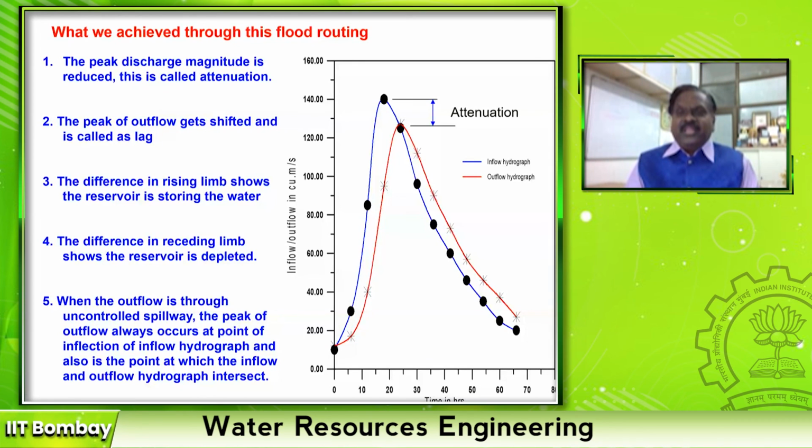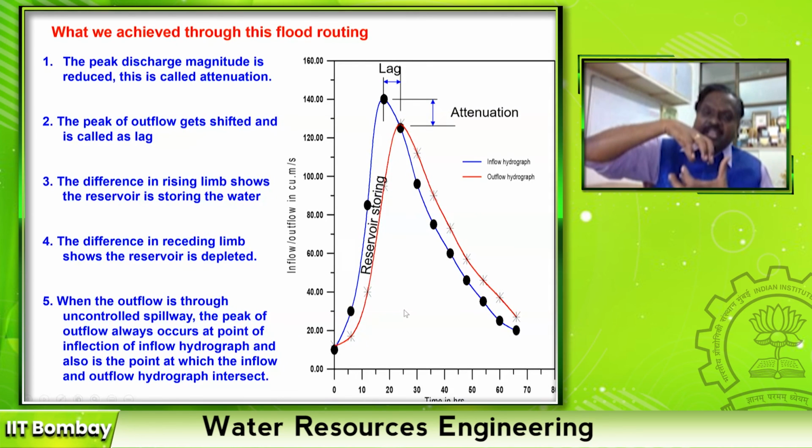But please remember, there is a change in the occurrence of peak time. Initially it happened at 18 hours, now it is at 24 hours. That means there is an increase in lag, and that is called lag of flood. At the same time, you see here in the rising limb, initially the inflow is more and outflow is less, so the reservoir is getting filled up, that is, storing the water.